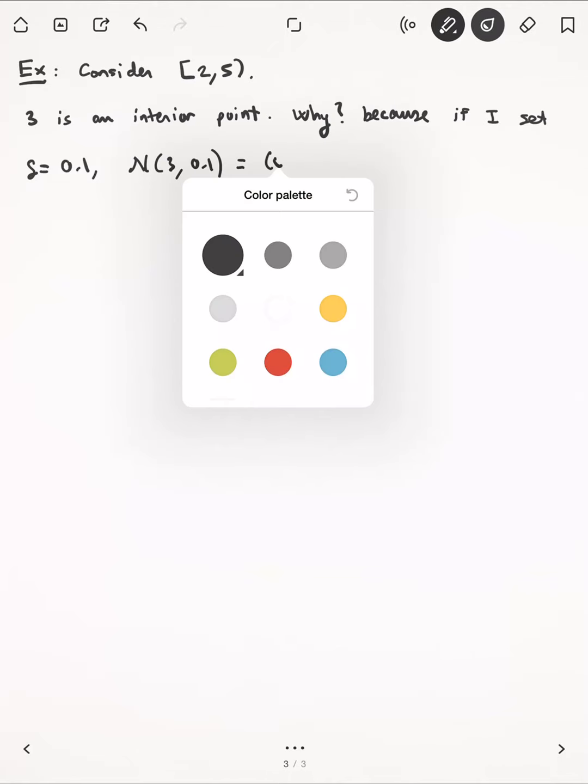Because if I set delta equal to, say, 0.1, the 0.1 neighborhood of 3, which equals what?